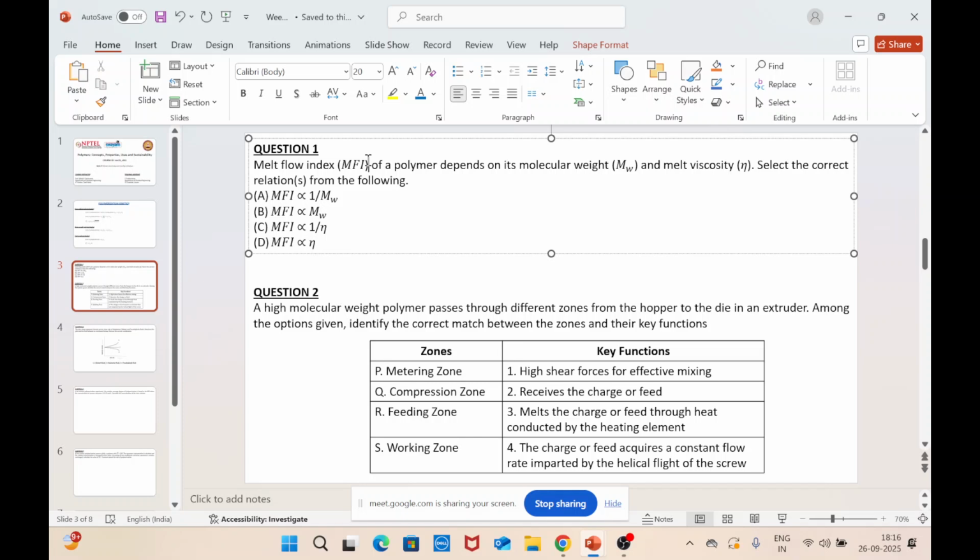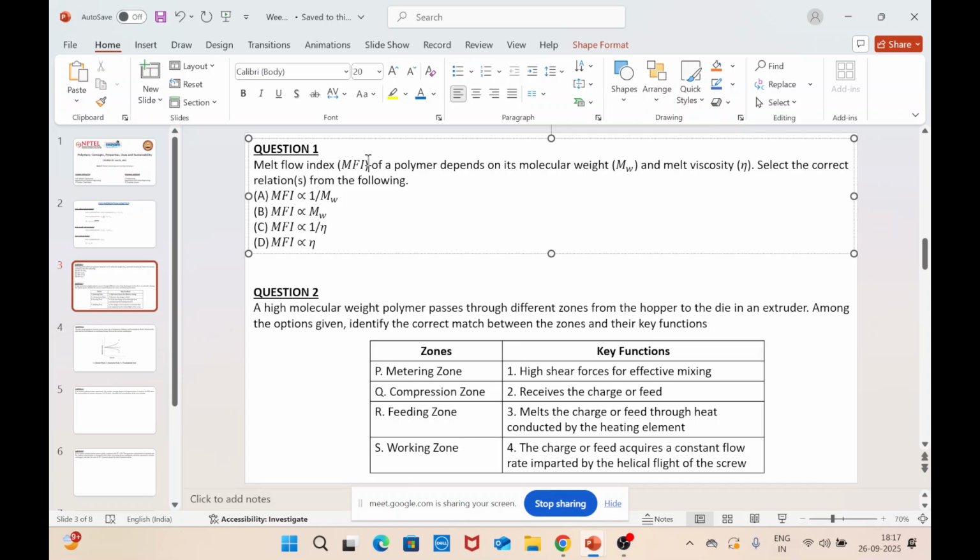So it is going to be inversely proportional to melt viscosity, because as I said, higher the melt flow index, more polymer is going to flow. That actually means that the polymer is going to flow more easily, because once the polymer flows easily, it can be correlated that more polymer will be flowing because of the ease at which it flows.